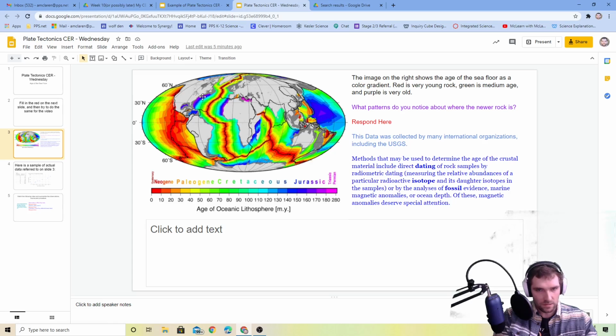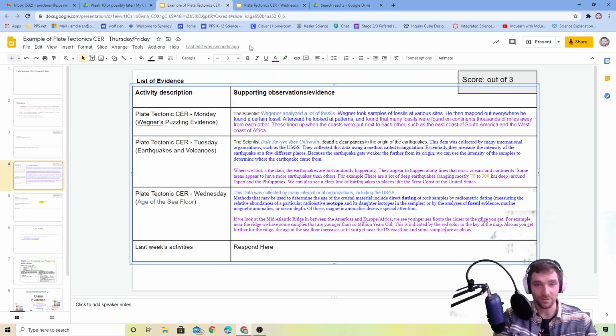There's actually some deep purple there. That's like over 180 million years old. That's very old.